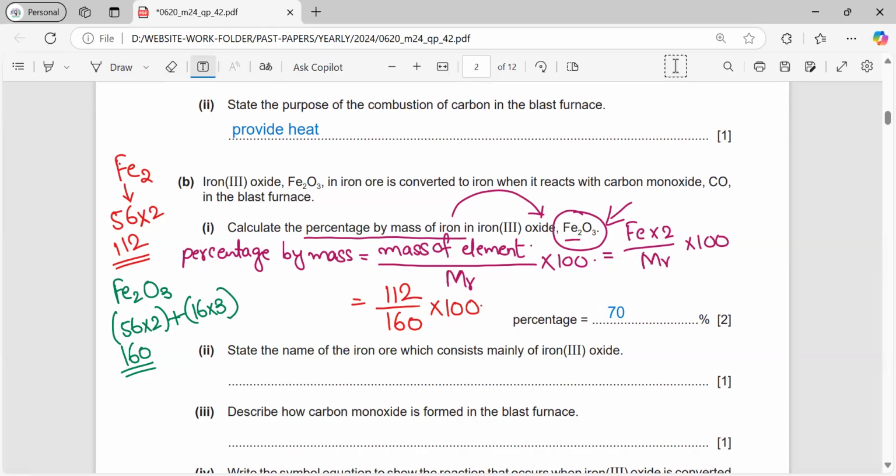State the name of the iron ore which consists mainly of iron oxide. So iron 3 oxide is present in the ore hematite. Describe how carbon monoxide is formed in the blast furnace.